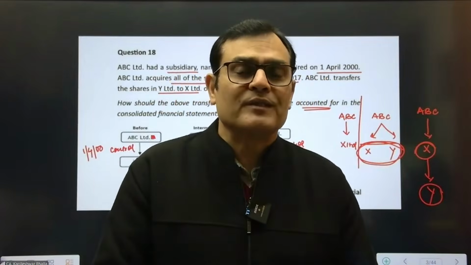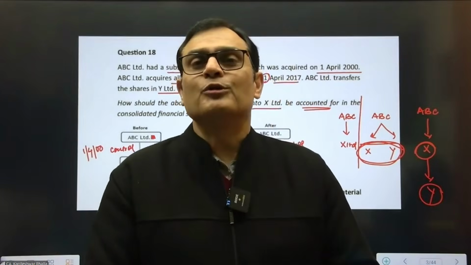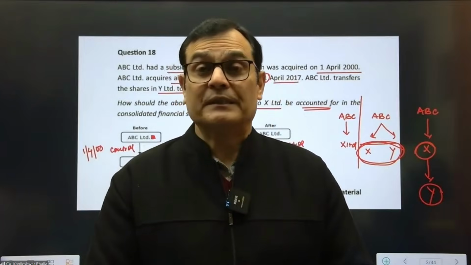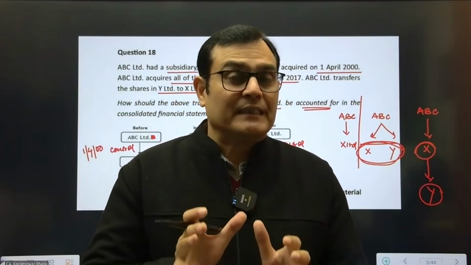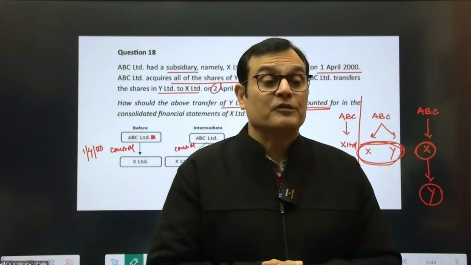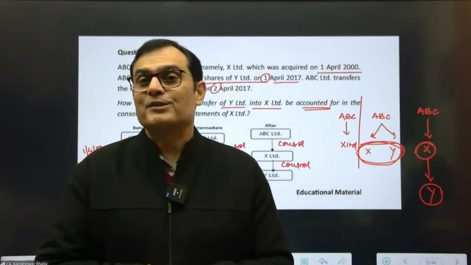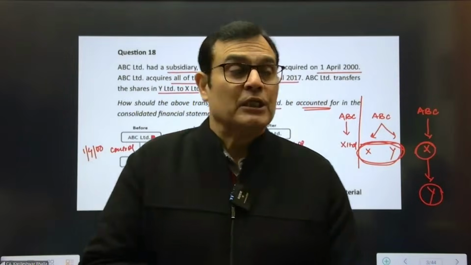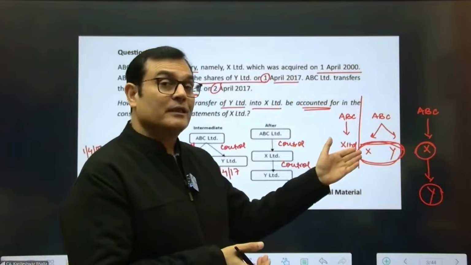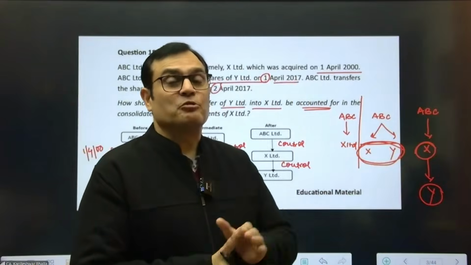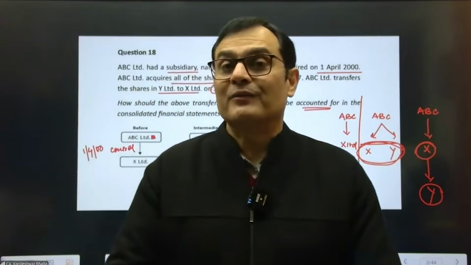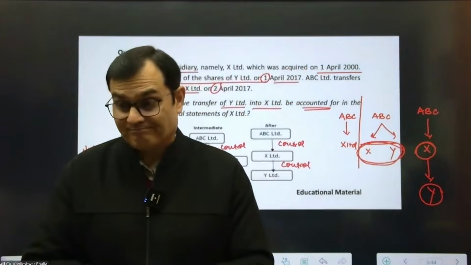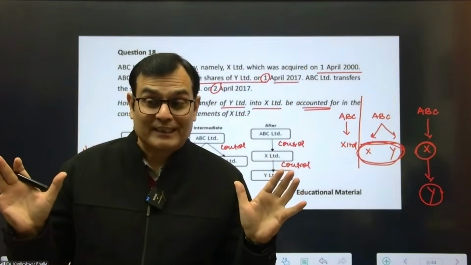The common control transaction allows you to do the accounting on a pooling of interest method, and the standard setters wanted the pooling of interest method to be restricted only to related party transactions. You cannot create a relation a day before and then enter into transactions to say that it's a related party transaction. Did you get the point clear?